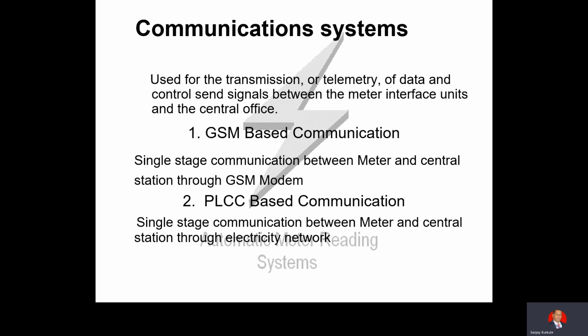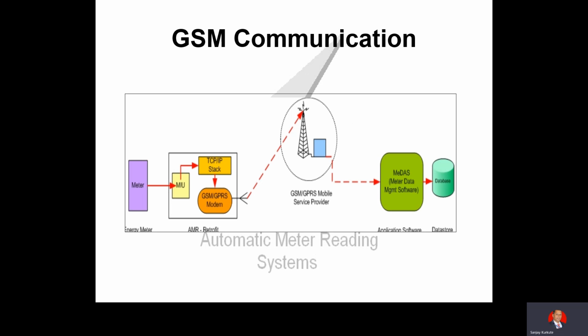Let us come to one more part of the block or architecture of this case study, that is the communication system, where GSM based communication and PLCC based communication will be there. Now let us come to the next part, GSM communication.